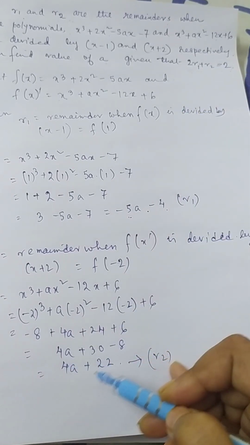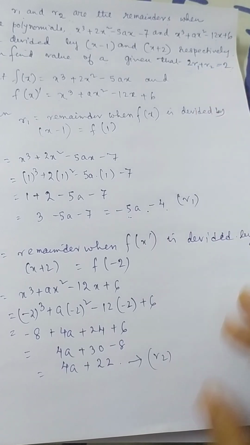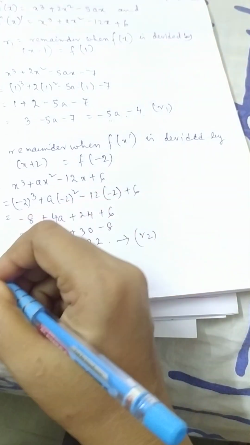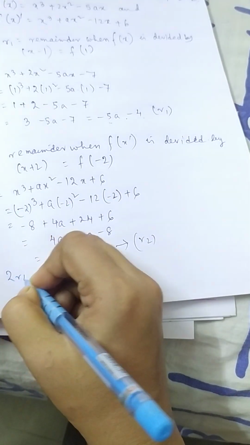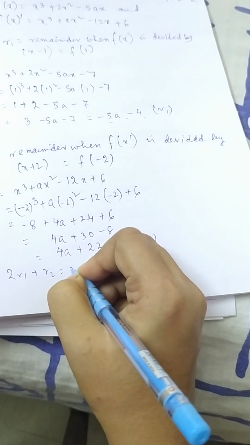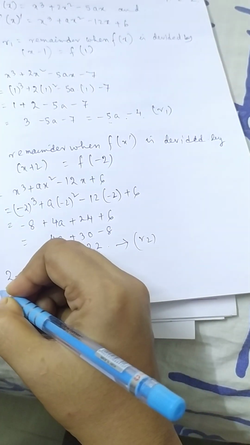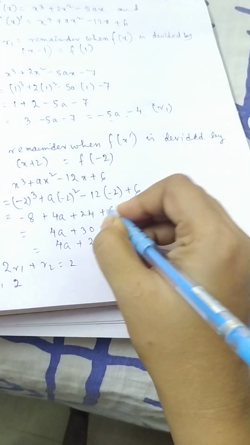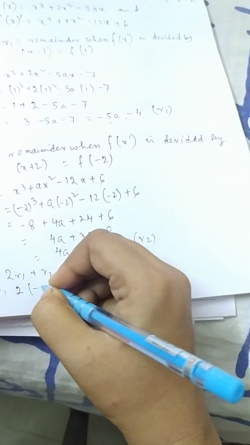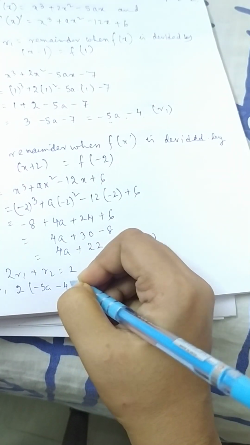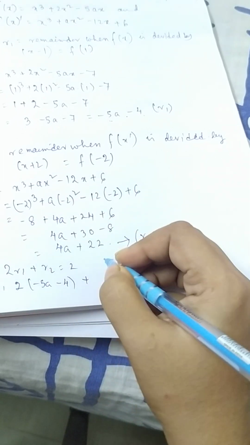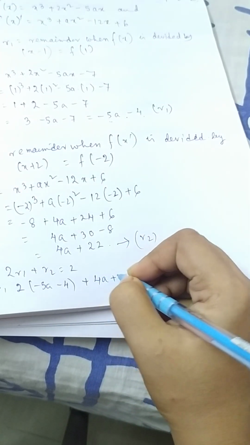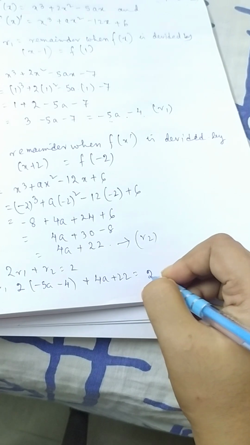So I will put the value of R1 and R2 in this condition. 2R1 is minus 10a minus 8, plus R2, which is 4a plus 22, is equal to 2.